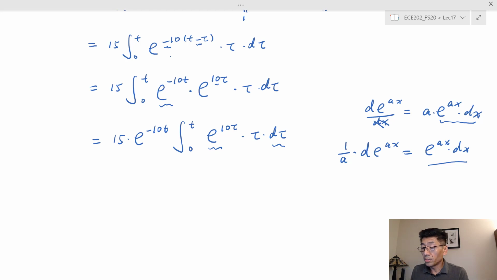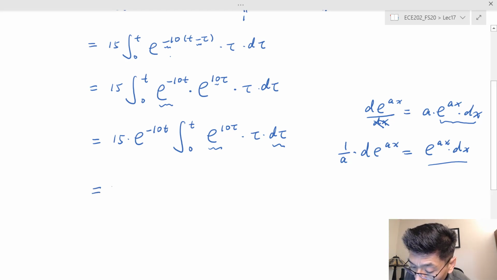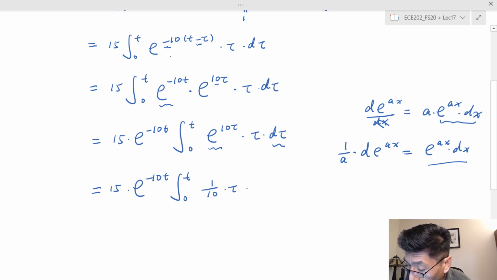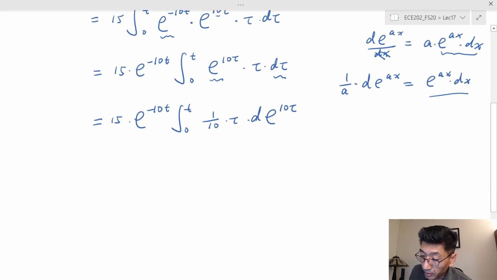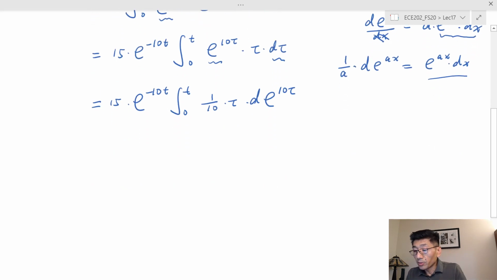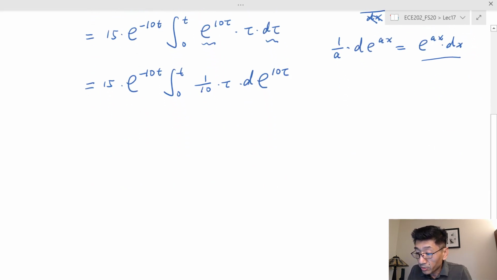So I can change this term and combine these two terms, utilizing a equal to 10 and x equal to tau. So I can write this term as 10t, 0 to t, and I combine that from the 1 to 10 times tau and d e to the 10 tau, right? And in this case we are going to do integration by parts, based on the chain rule.